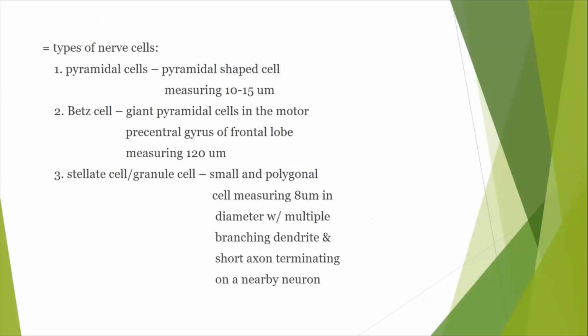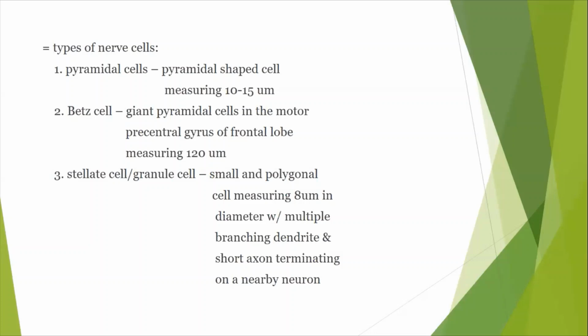So there are 6 types of nerve cells. You have the pyramidal cells. That's why it is called pyramidal cells, because of its shape, which is about 10 to 15 angstrom in size. And you have the biggest pyramidal cells, which are your Betz cells.